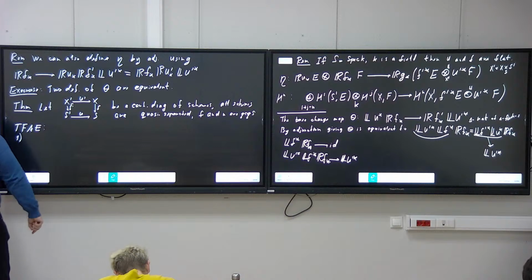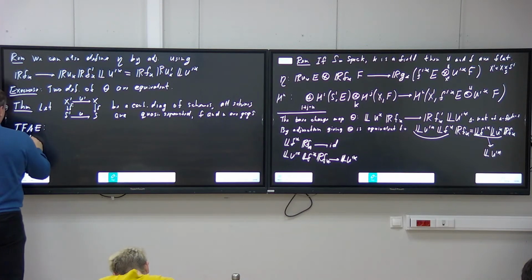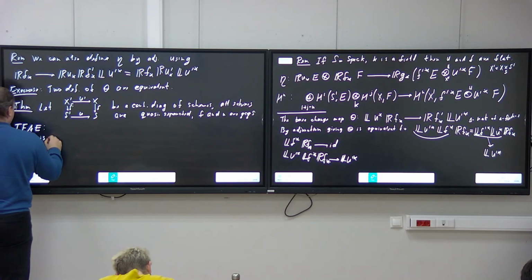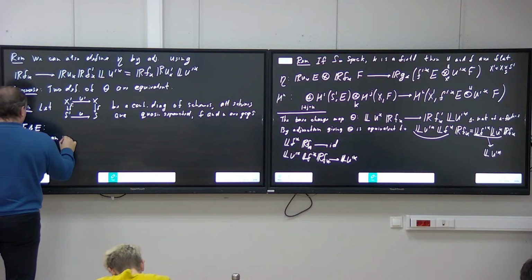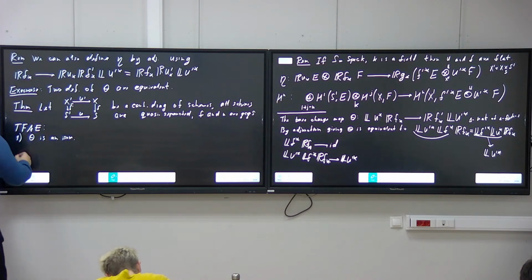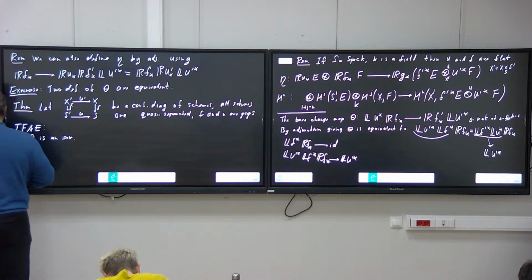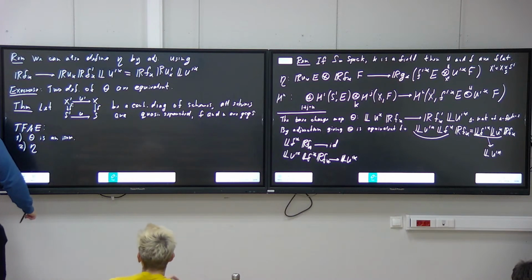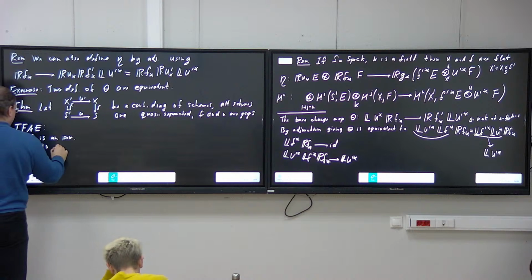The first condition: the base change map theta is an isomorphism. Condition 2: the unit map eta is an isomorphism.